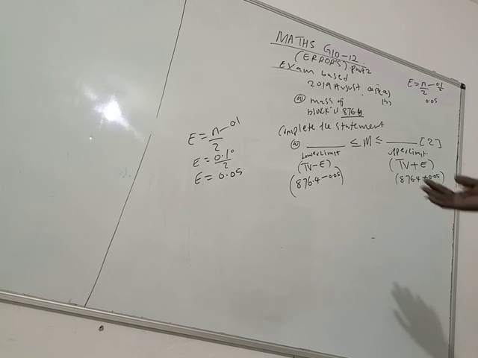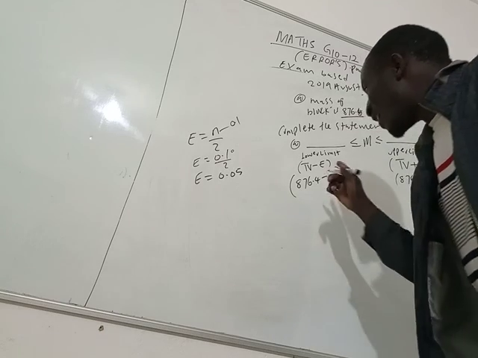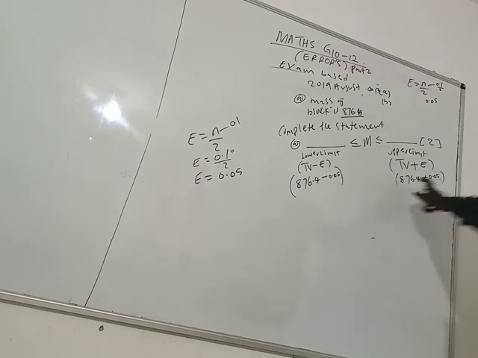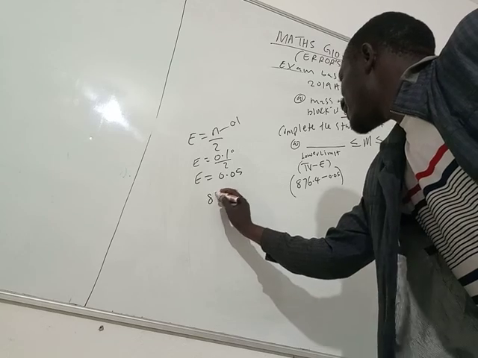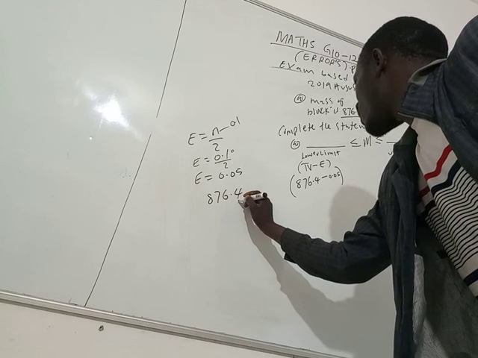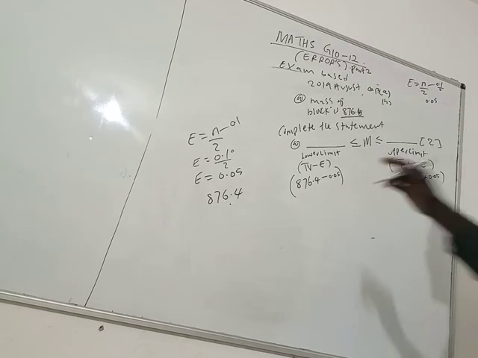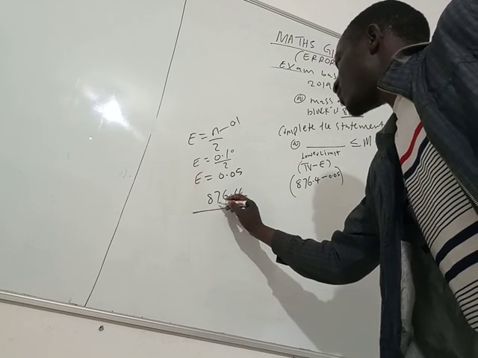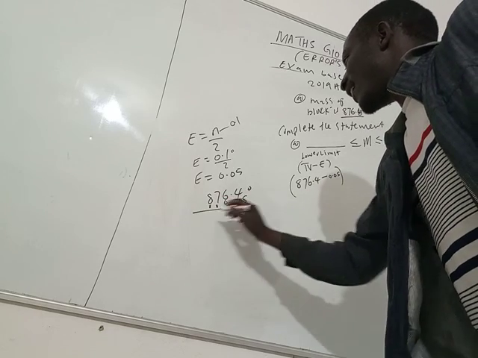So let us add. In the previous video, I showed you how to subtract and add. So you just get 876.4. Then put a point. There are two numbers, 05 in such a case. Put zeros everywhere where there are no zeros.